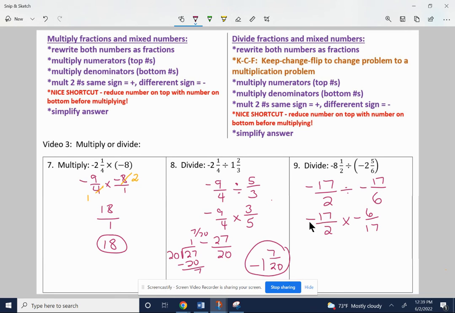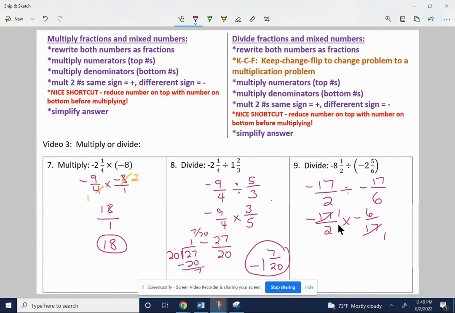I'm not going to think of this as a -17 for the moment. I'm just going to think of it as a 17. So 17 and 17 can both divide by 17. 17 divided by 17 is 1. 17 divided by 17 is 1.